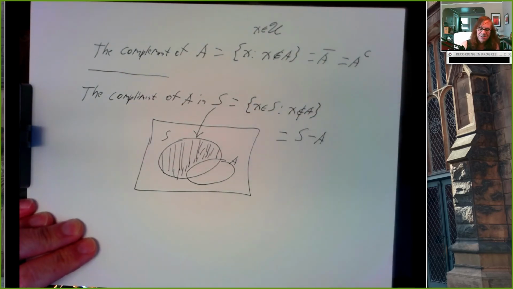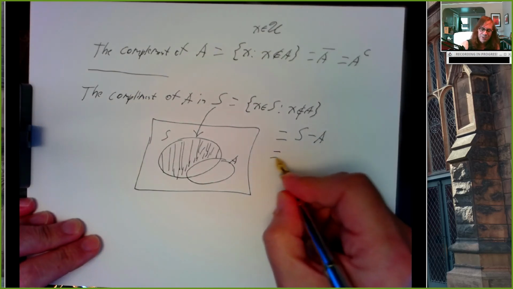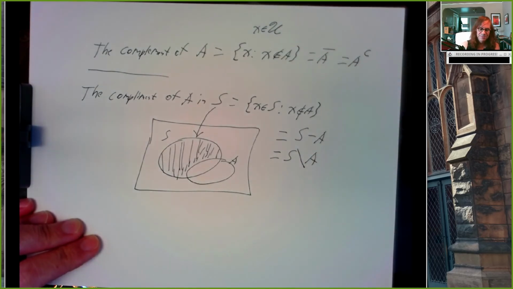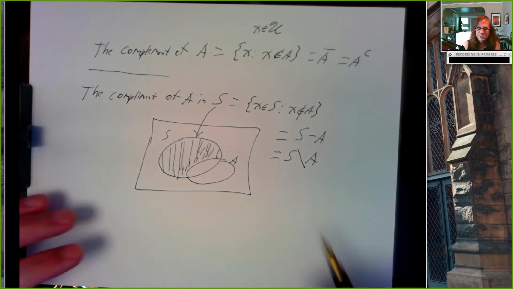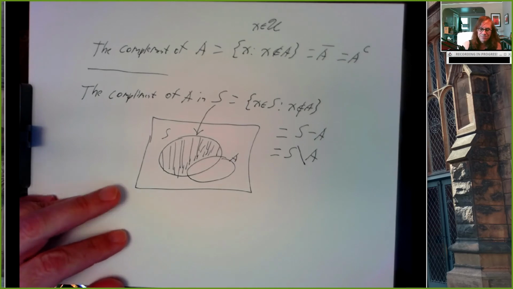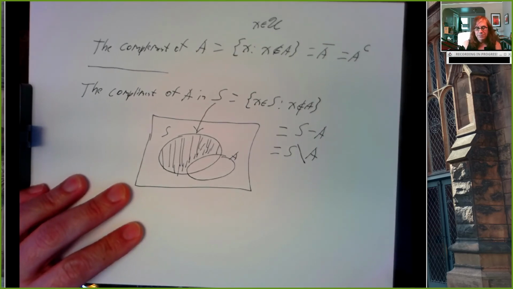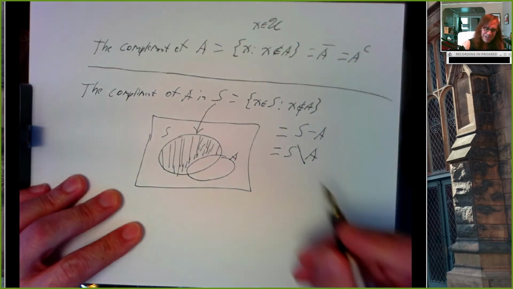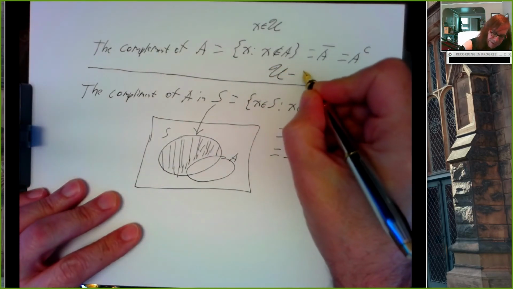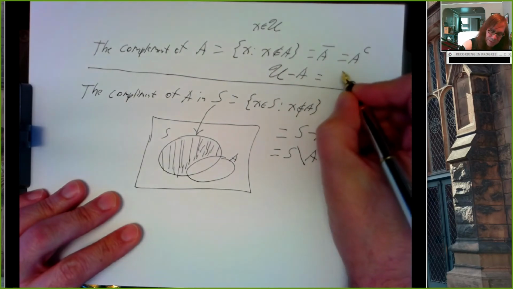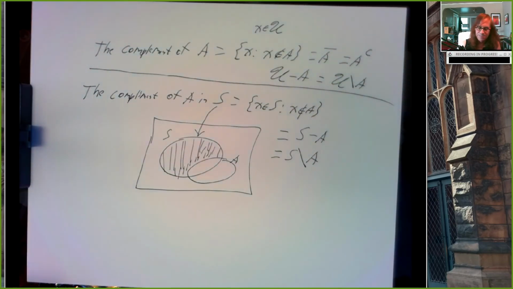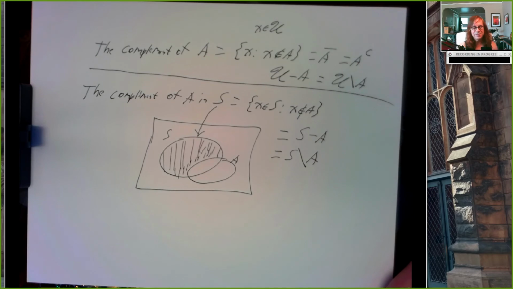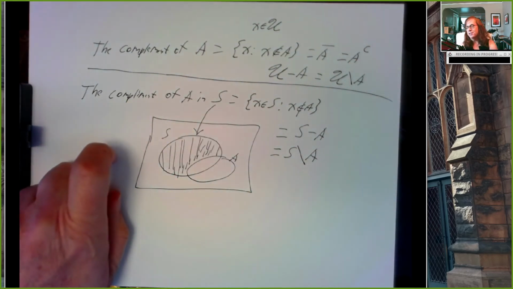So the x in S such that x is not in A. So we can write this as S minus A, or a more common notation is S with a backslash followed by A. But the essence is, start with S and then throw away anything that's in A. And so the complement of A in the universe is the set of anything in the universe that's also not in A. This is really just the universe with A subtracted from it, or the universe backslash A. So the complement, A with a bar on top or with a little c, is a particular case of this more general notion of the complement of one set in another.